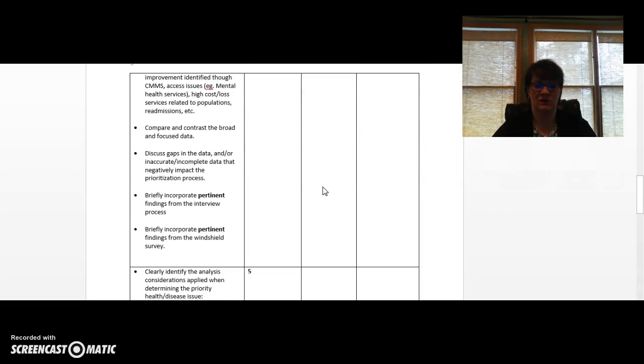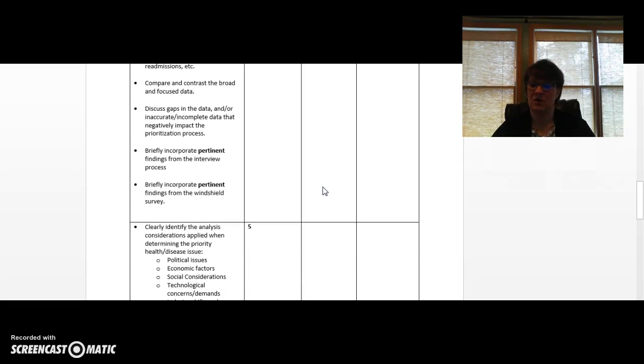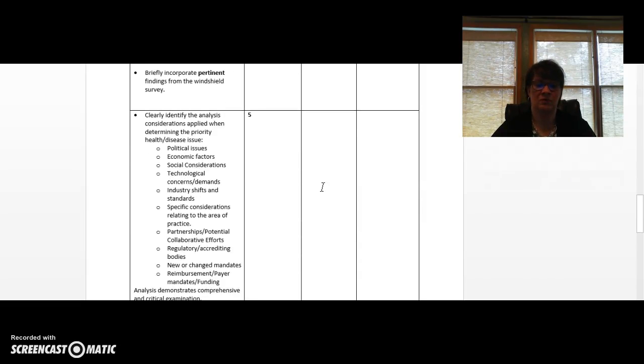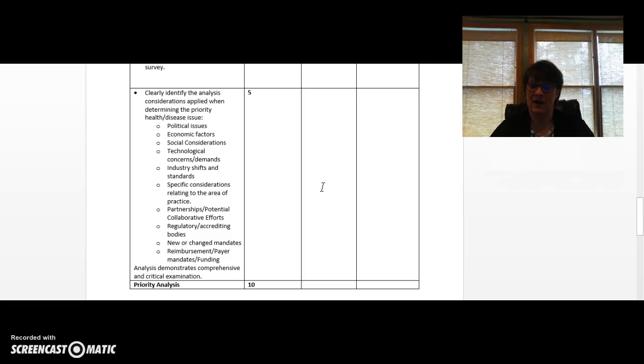So you really want to look at also what we've already done as far as those assessments, the interviews that you've done, and the windshield surveys, to include that information because that informs the process as well. So really take a look at how you're analyzing the data and what factors were taken into consideration as you're analyzing the data as well.